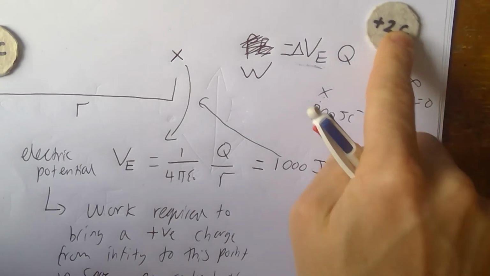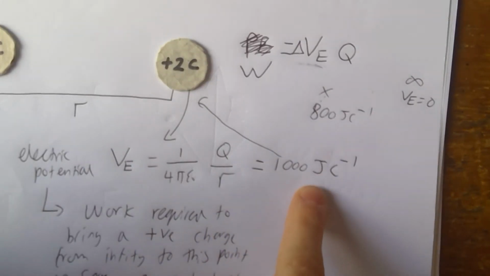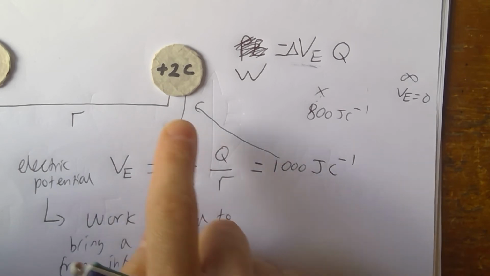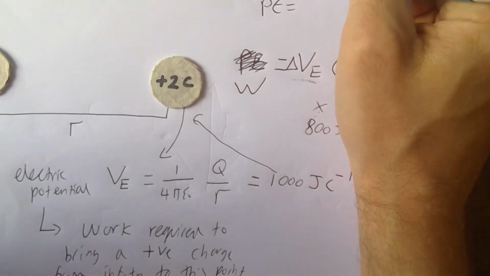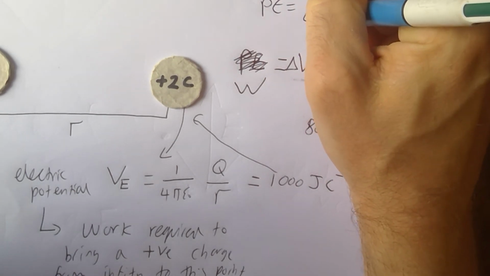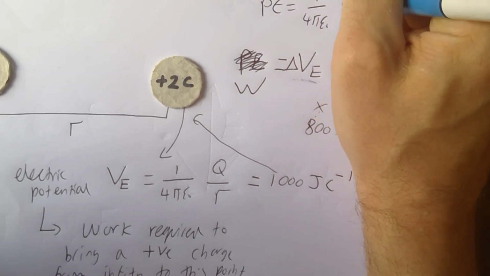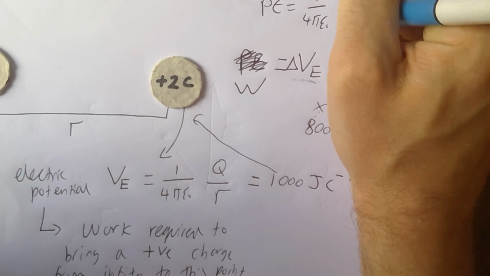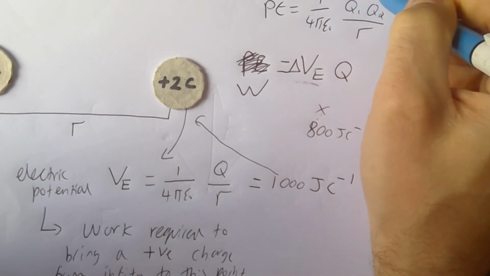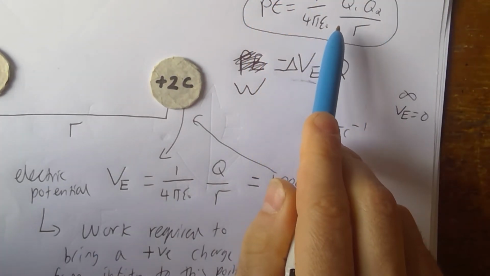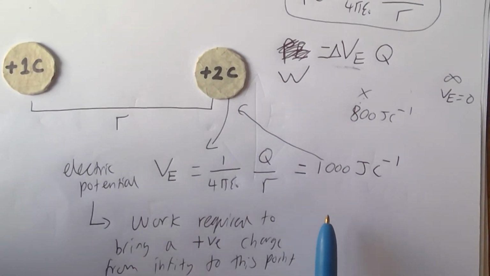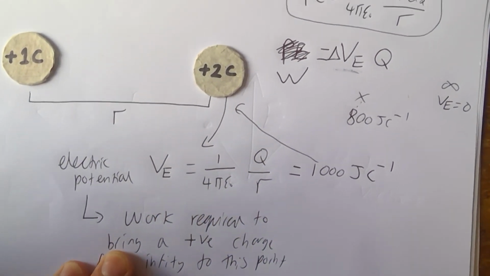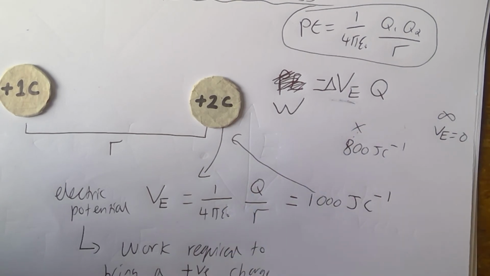So coming from infinity, my potential difference to here would be the 1000 joules per coulomb, and we could think of the potential energy therefore as being 1 over 4 pi epsilon naught Q1 Q2 over R. That's your equation for potential energy when you've got 2 charges. That's your equation for potential. These are all to do with energy. They are scalars.